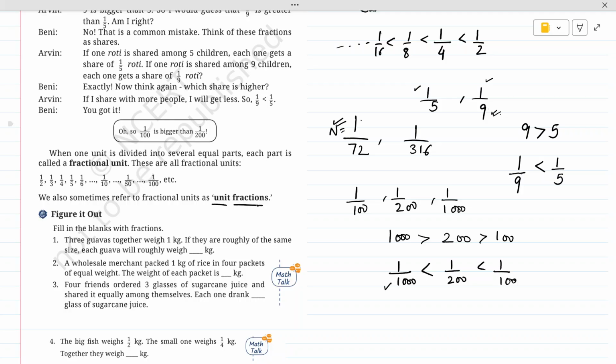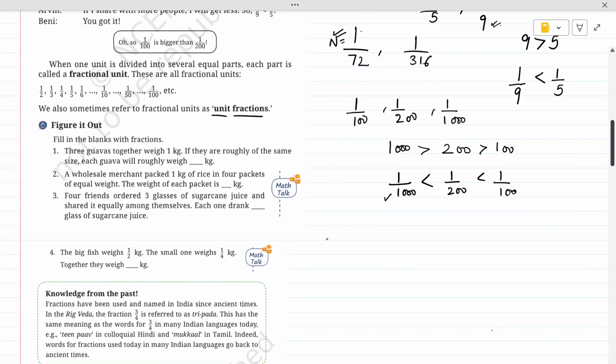Okay. And we also call these units the fractional units. Here this complete 1 by 72, this whole fraction, will be considered as a fractional unit. We can call it a fractional unit. We can call it unit fractions. Both are same if the numerator is 1. Okay.